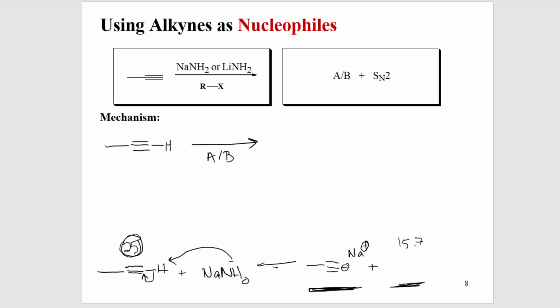Well, now the alkyne is still the acid on the left, 25, 26, but now we've made NH3, and NH3's pKa is about 35. Aha!